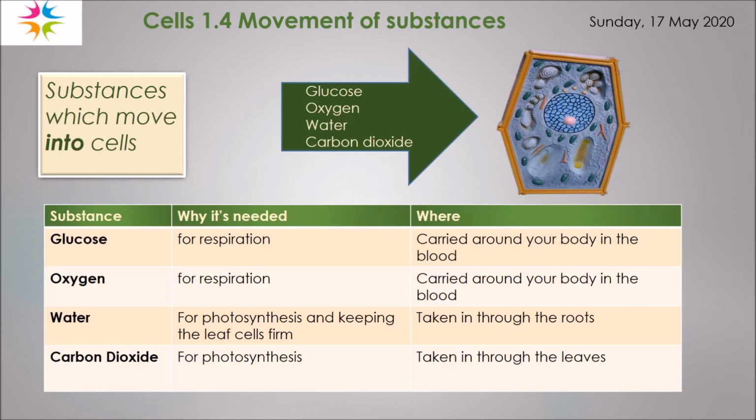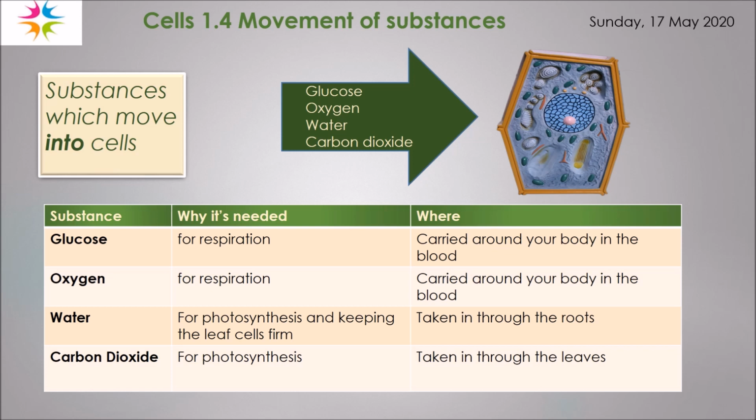Right, now we're going to look at the substances that move into a cell, that the cell needs to work. So there are two substances which are in humans. The glucose and the oxygen are needed for respiration, and they're carried around your body in the blood. Now we're going to look at two substances in plants, the water and the carbon dioxide.